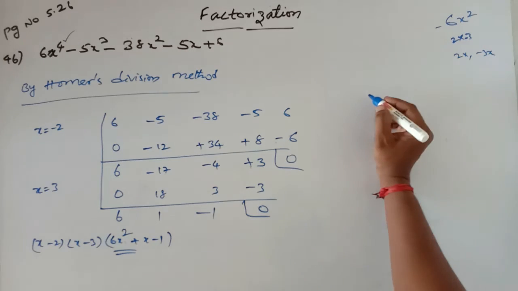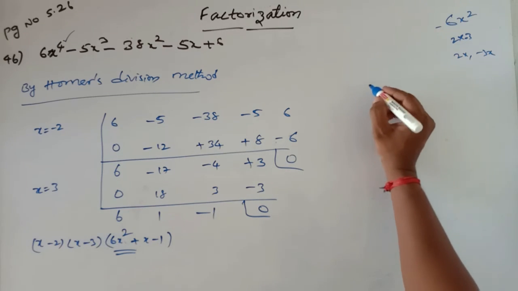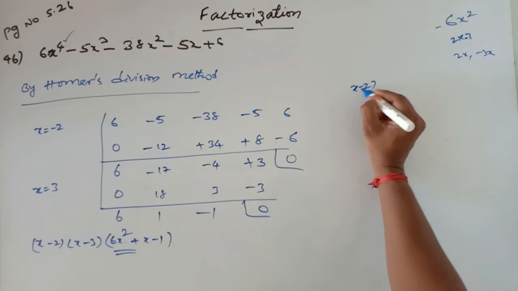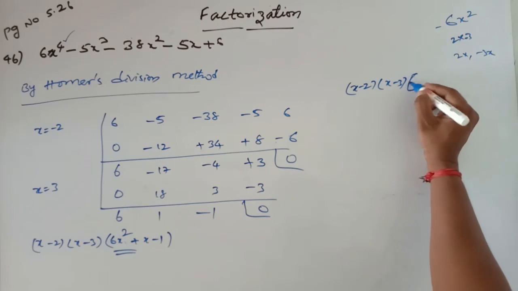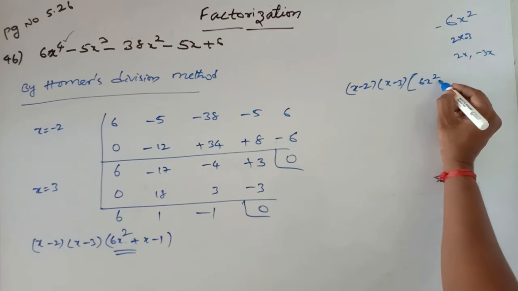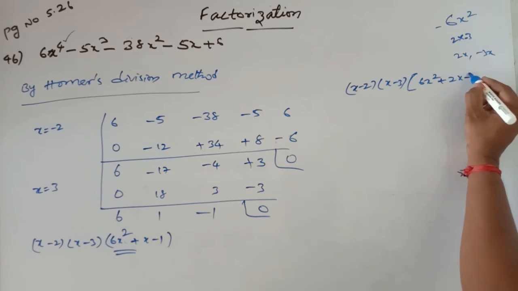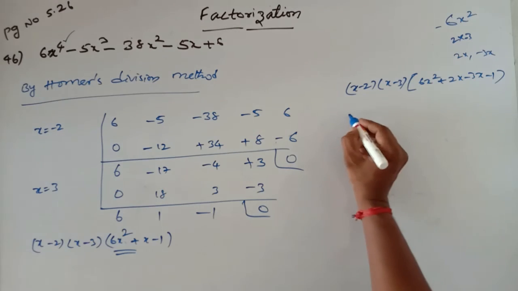Now the factors of 6x square plus x minus 1 are x minus 2 into, as I am writing the remaining factors, 6x square plus 2x minus 3x minus 1.